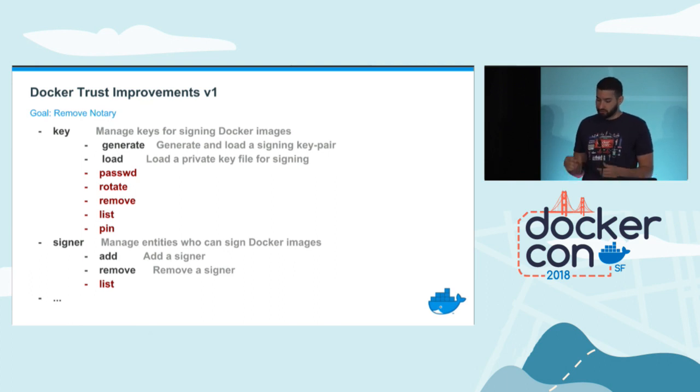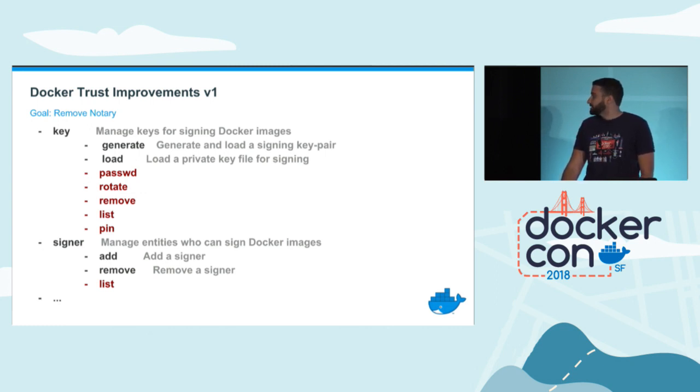So all the additional key management commands need to be implemented: the ability to rotate keys, change passwords, a lot of inspection features, and also the ability to pin public keys onto certificates, and so on.